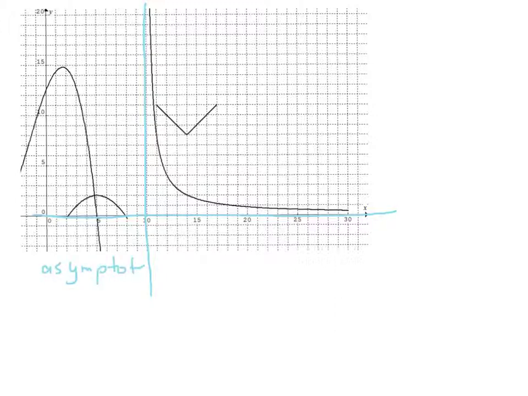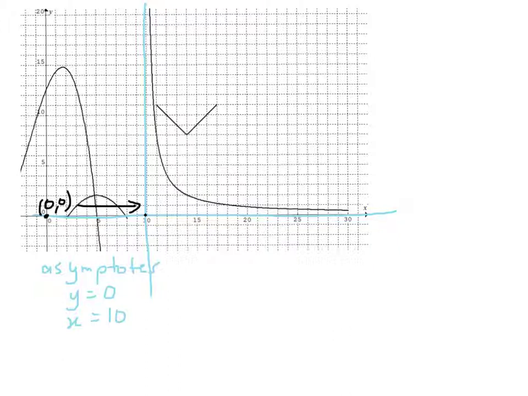so I can say that I have asymptotes at, now my y value on the y-axis is 0, so at y equals 0, and my x value is 10, at x equals 10. I have two asymptotes. So from this point at 0, 0, the asymptotes have moved to the right 10.